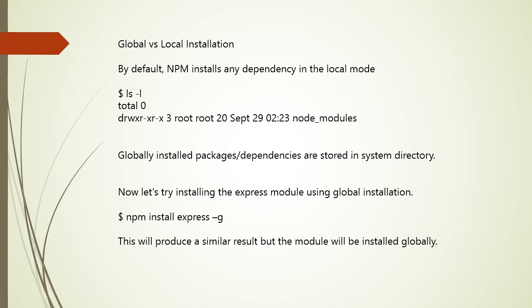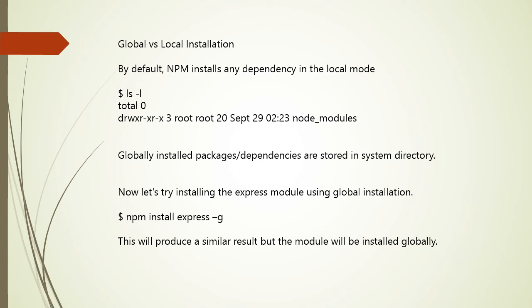Just now we had seen that by default npm installs any dependency in the local mode. Here the local mode refers to package installation in the node_modules directory lying in the folder where the Node application is present. Locally deployed packages are accessible through the require method.